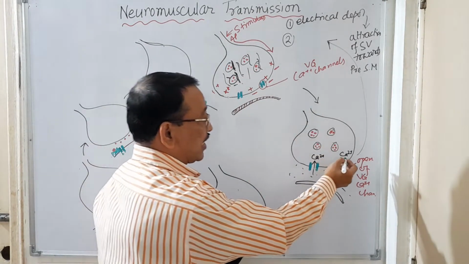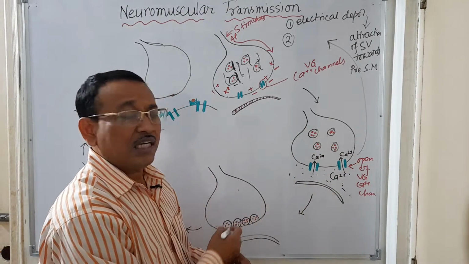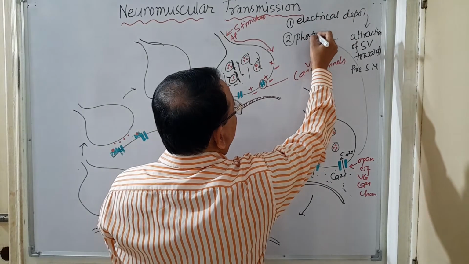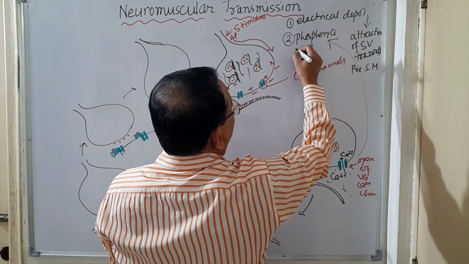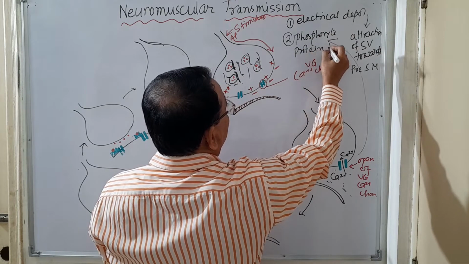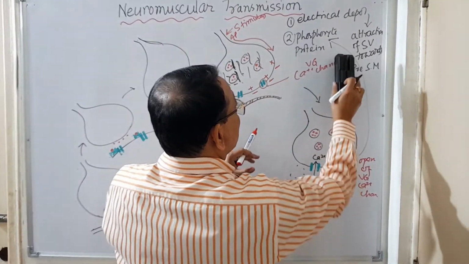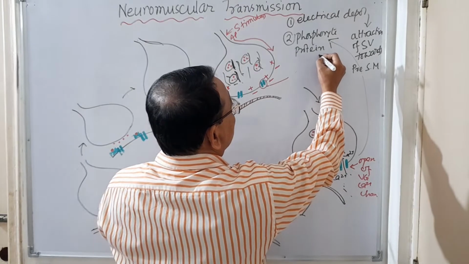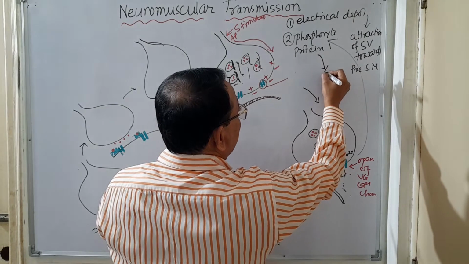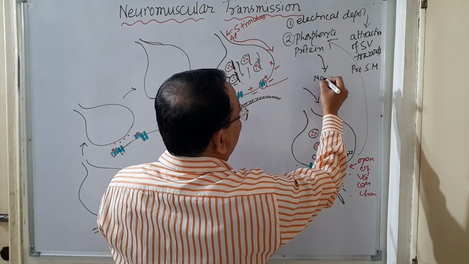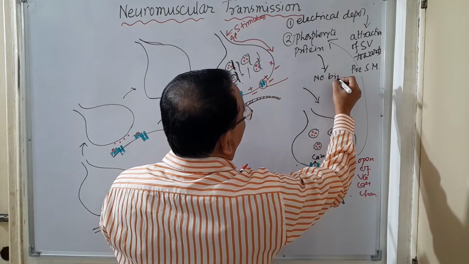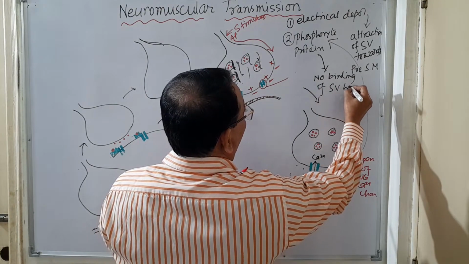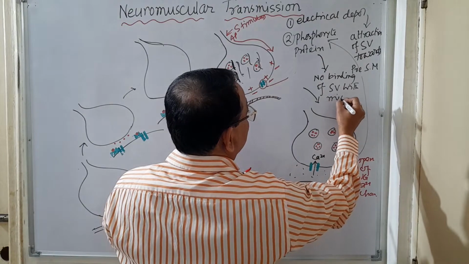Now once the calcium ion comes in, it will phosphorylate that protein. As phosphorylation of the protein takes place, there is no binding of synaptic vesicle with microfilaments.